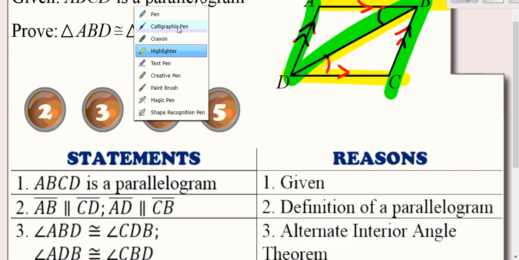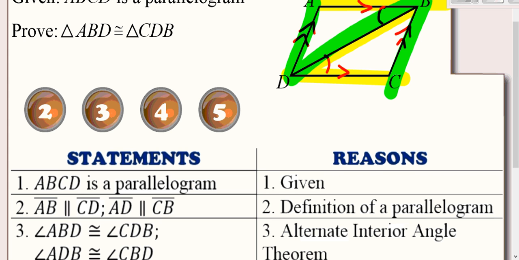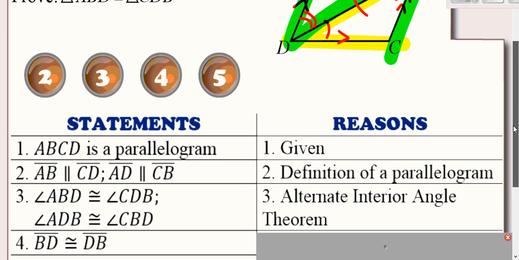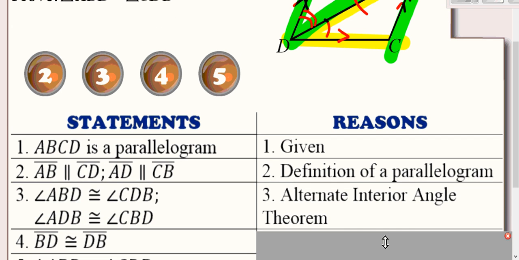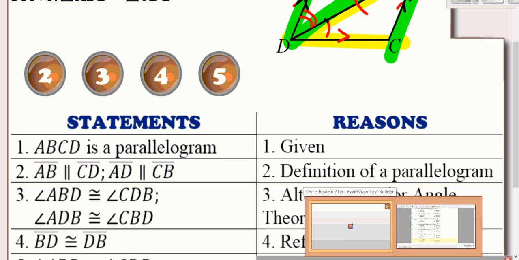So it gives you just different angles. So from the parallel lines, we got a bunch of congruent angles, the ones we just marked. And then one more thing, we always have that side right there, BD down the middle. That's because of the reflexive property.